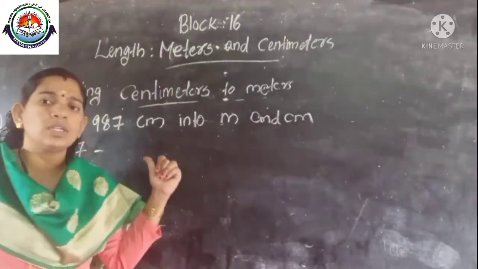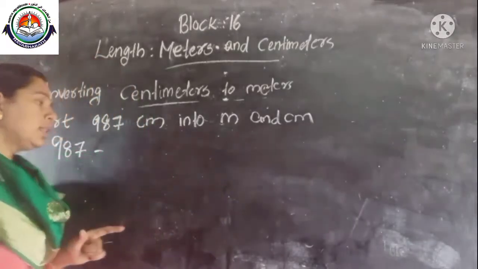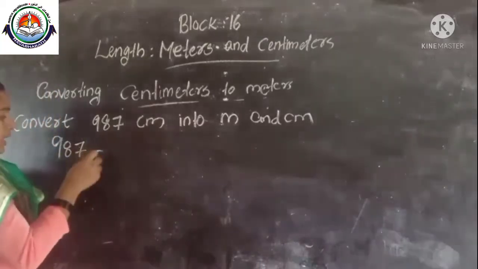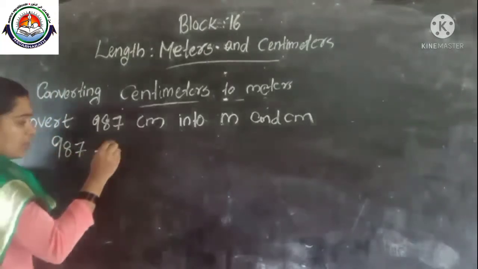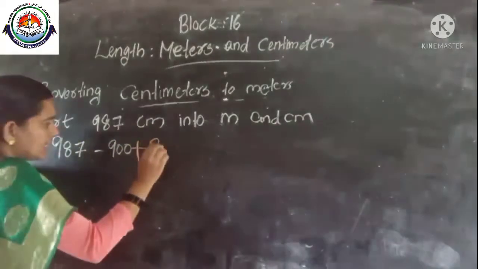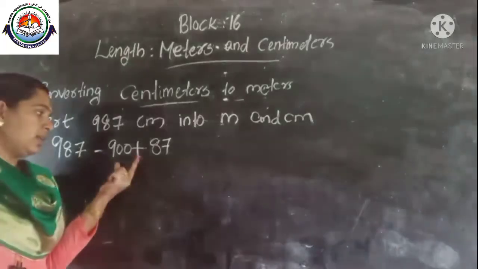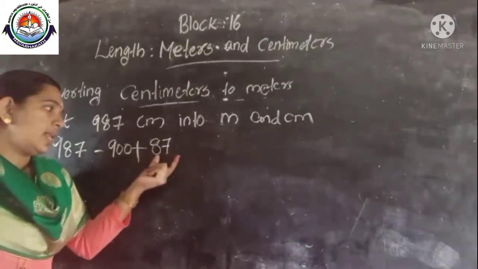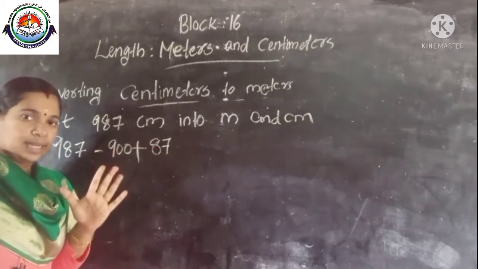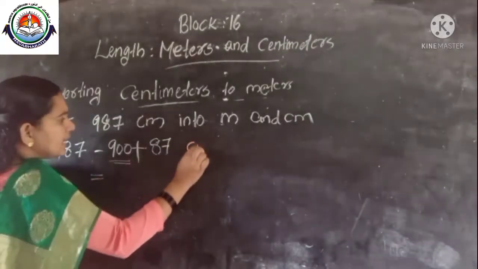But here there are no zeros. What do we do? You convert this number into a multiple of 100 plus the remaining number. So 987 we can write as 900 plus 87. 900 is the multiple of 100. Is that clear?